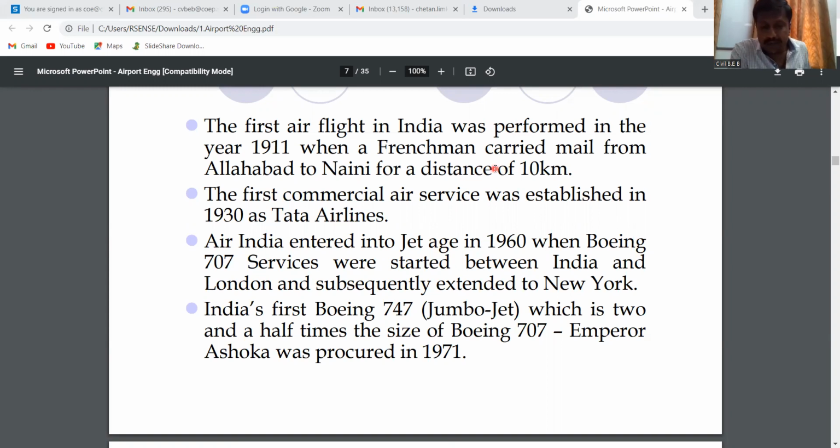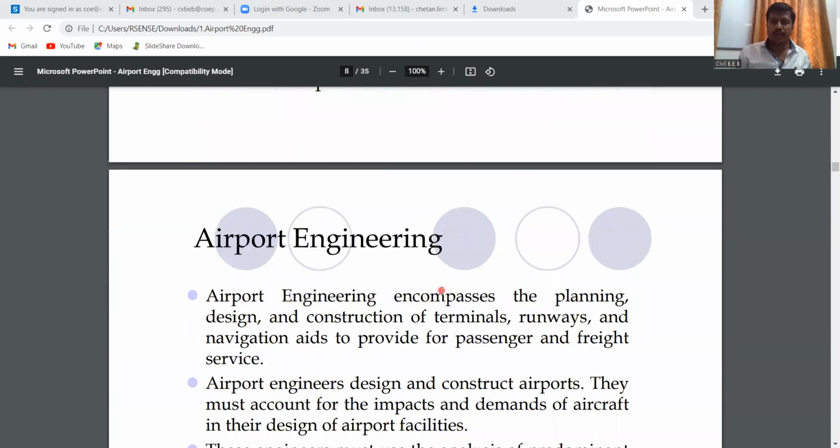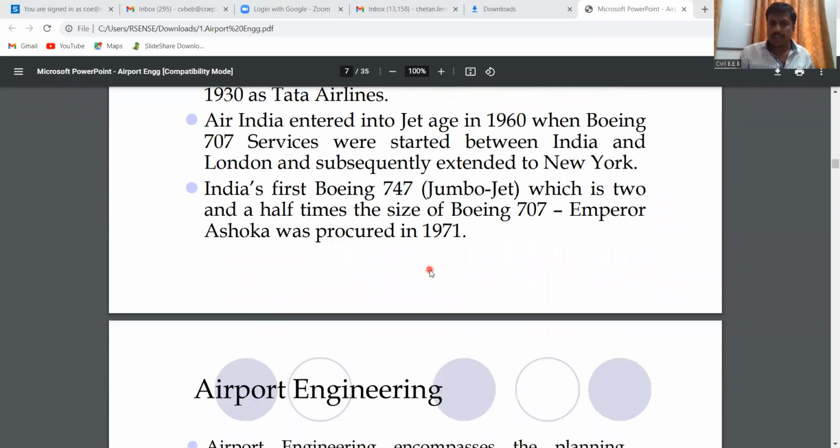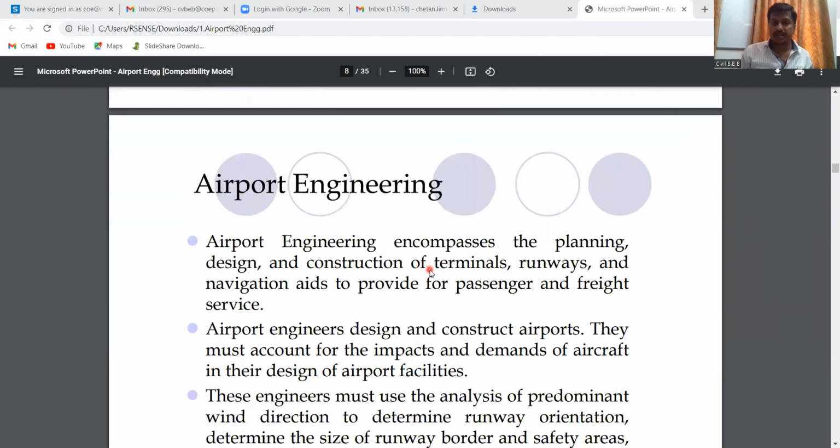India's first Boeing 747, a jumbo jet which is 2.5 times the size of Boeing 707, was the Ashoka Imperial, produced in 1971. सर्वांना Boeing 707 हे विमान माहिती आहे, पण त्यापेक्षा पण मोठं आहे Boeing 747, अडीच पट.